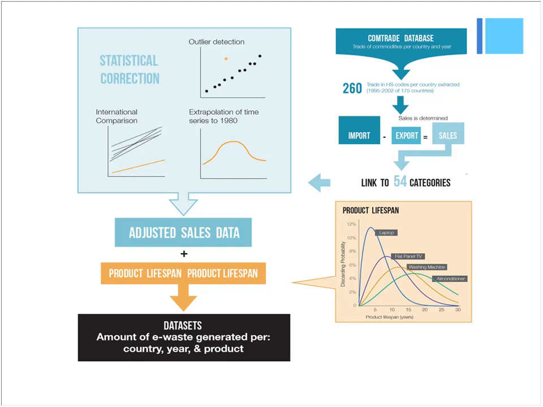This data is then combined with the distribution curves we have from different regions and different countries in the world for different equipment. There's a lot of detailed analysis behind. And then in the end, it leads to a quantification of the amounts of e-waste generated per country, per year, and per product.